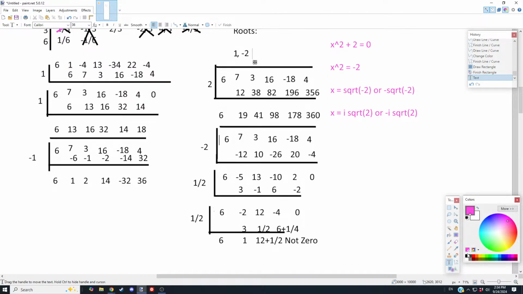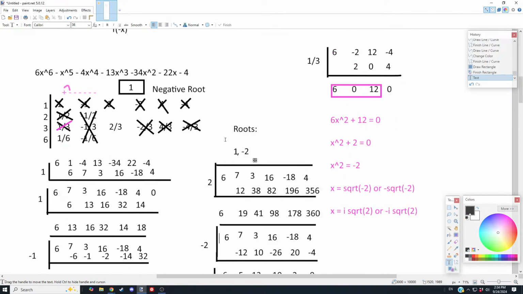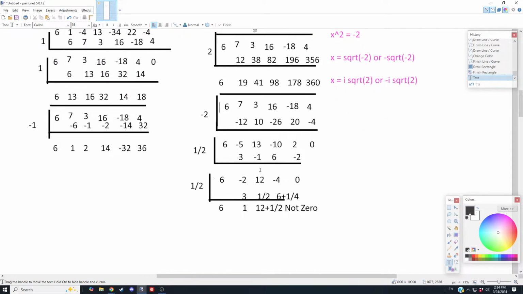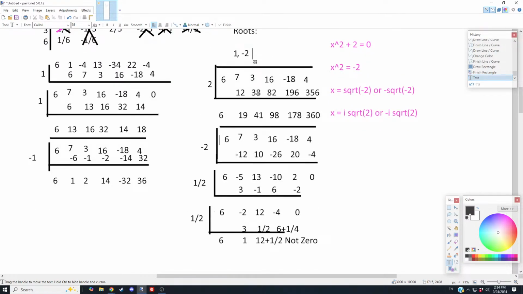Oh, and I guess we forgot to write all of these down. We have a root is 1. Got that here, 1. Then the next root we got was here, negative 2. And then a half worked.